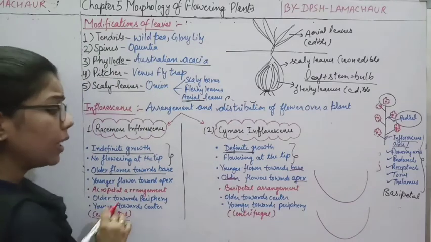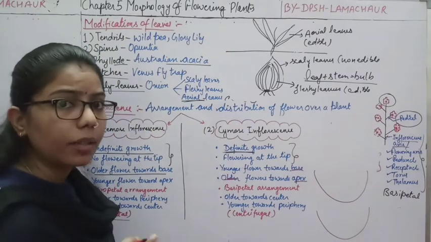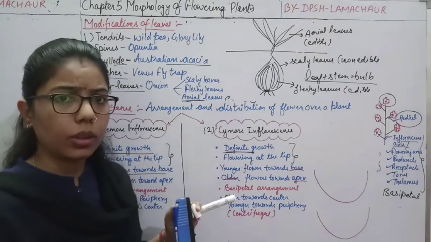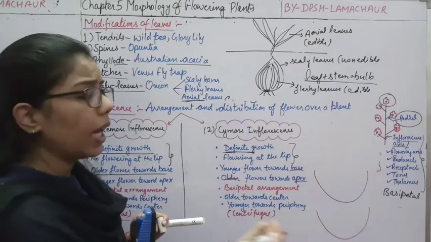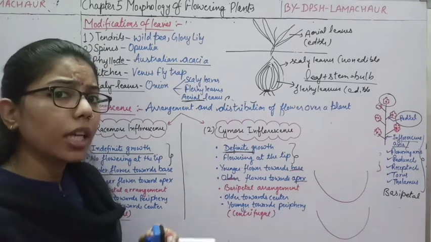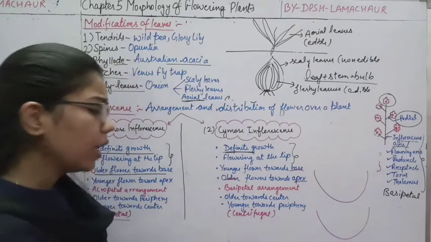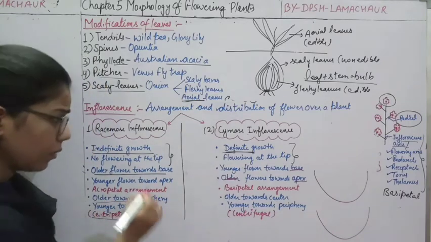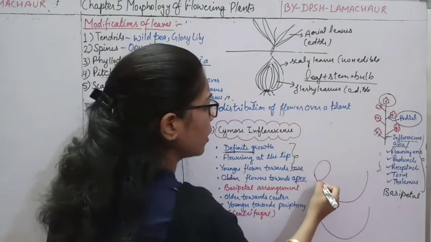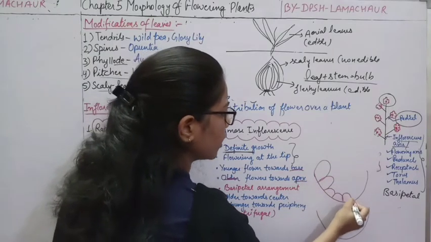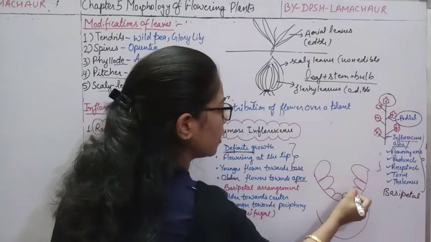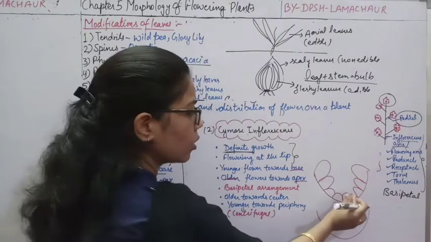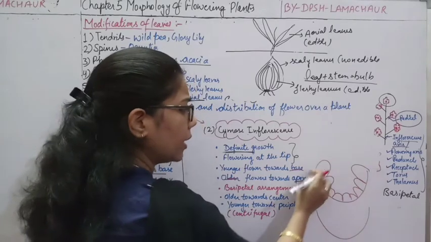In racemose type, there is centripetal. Centripetal means, what is centripetal force? Which acts at the side end, at the peripheral end. And what is centrifugal force? Which applies at the center point. So on the basis of this name, the older flowers are towards the periphery and the younger flowers at the center. So what is happening here at the peripheral end?